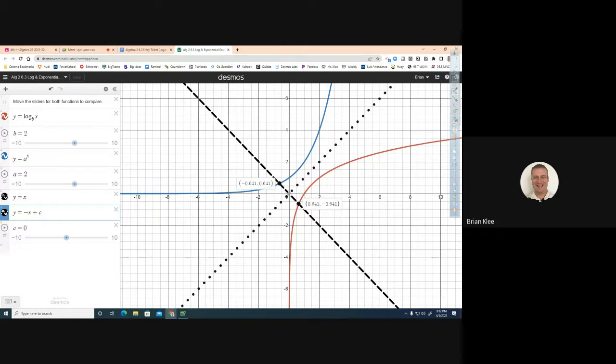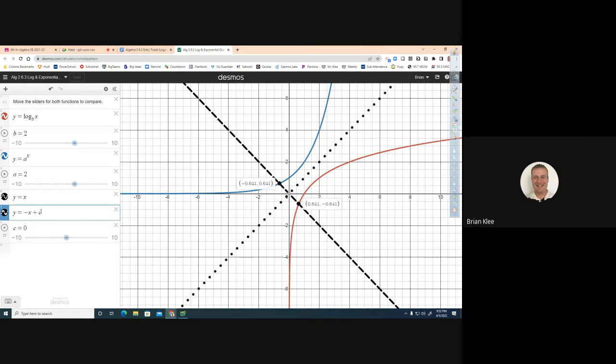Any corresponding point on the exponential, which is the blue curve, is going to pass through that line perpendicularly and hit a corresponding point where the values are the same. Just what was x and y on the exponential becomes the opposites on the logarithmic.